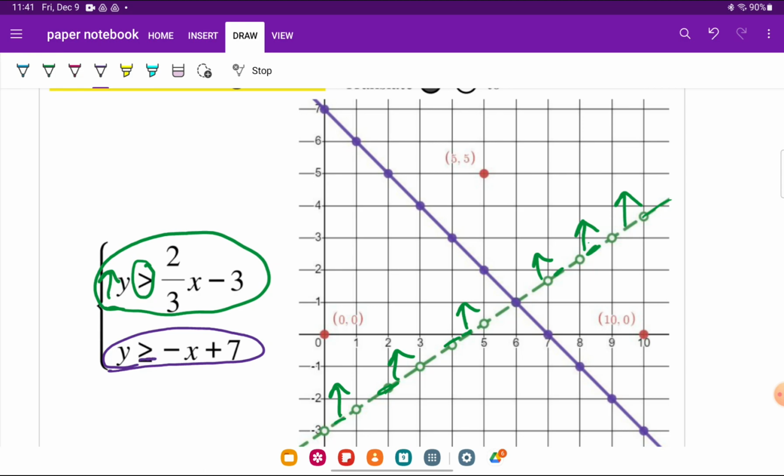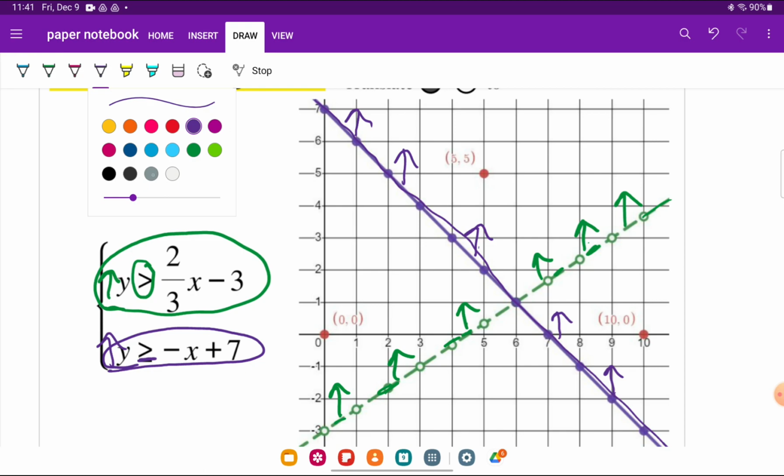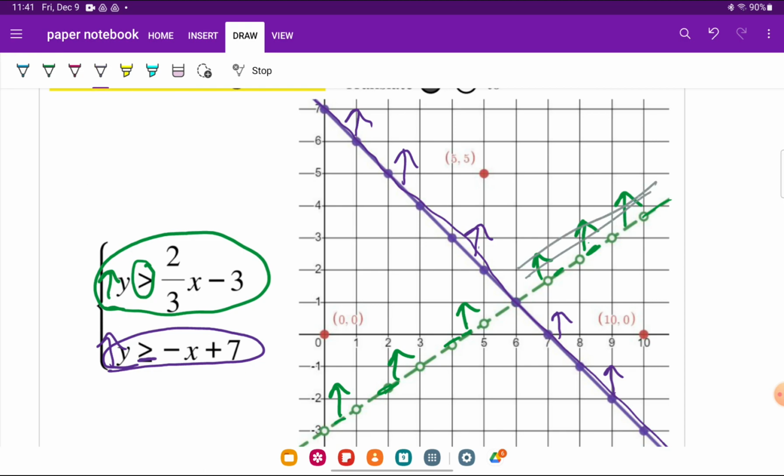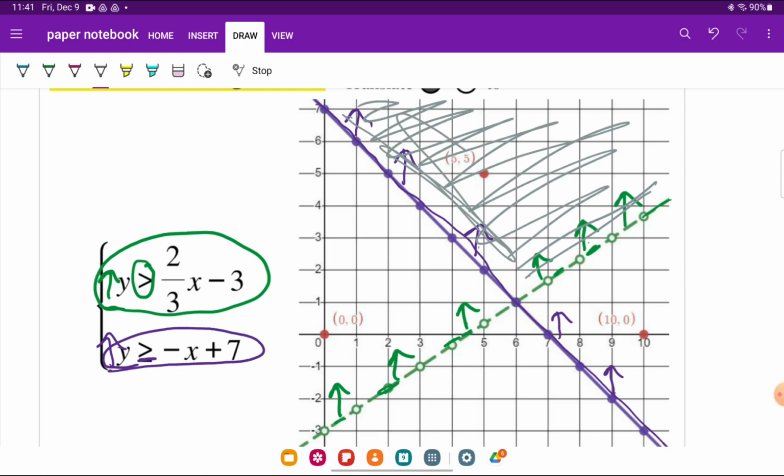Greater than or equal to, so the line is solid. Still greater than, so we're standing on the line and going up. And then what has happened is I have this area that they're both pointing at.